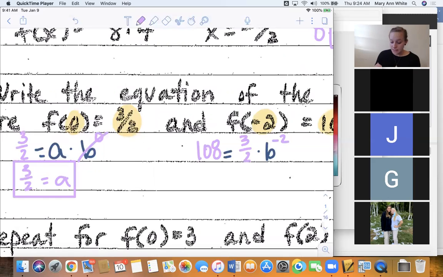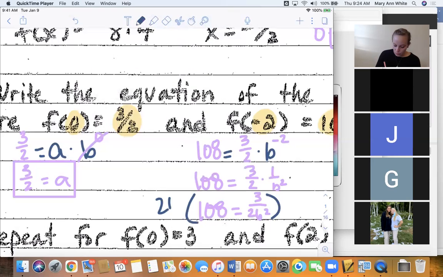So the first thing I see is I've got this negative exponent that I don't want. I'm going to simplify that to just be 1 over b squared. I'm going to combine the fractions just because it's an easy combination, and it cleans up that right-hand side. And then now you have two options. You can either just multiply that 2b squared on both sides in order to get rid of it, or you can physically cross multiply.